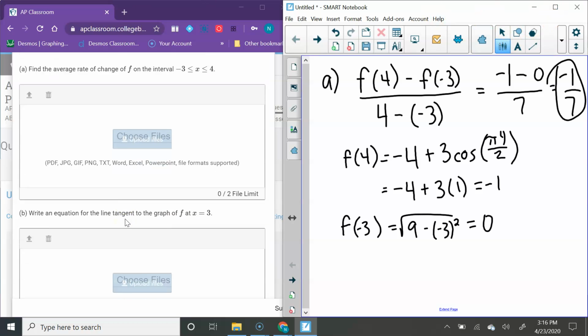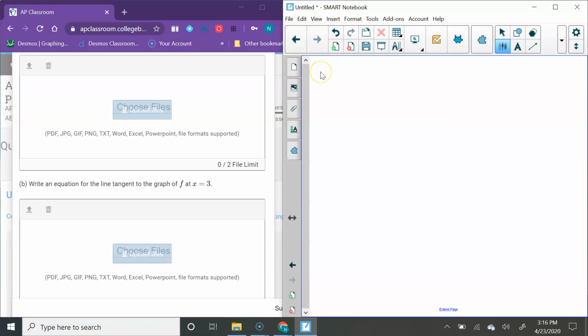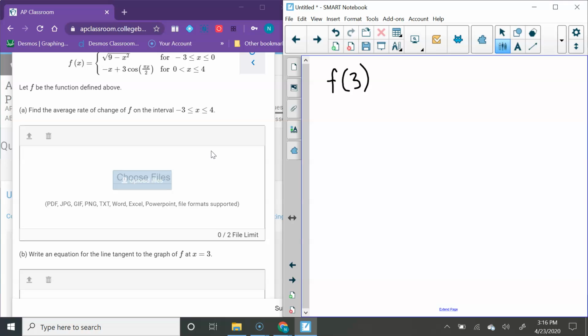Let's go on to part B. Part B asks you to find the equation of the tangent line to the graph of f of x at x equals 3. So for this, we first need to find f of 3. And f of 3 is going to use the bottom function there.